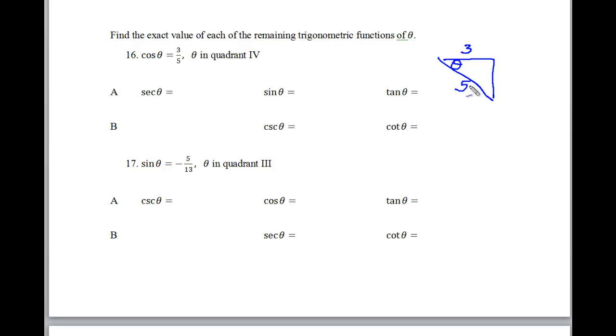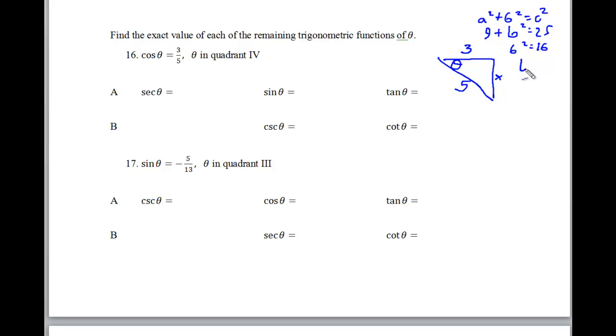We can use the Pythagorean theorem to figure out what our missing side is right here. Pythagorean theorem states a squared plus b squared equals c squared. And what we have here is we have our a and we have our c. So we have 3 squared, or 9, plus b squared equals c squared, or 25. Subtract the 9 from both sides. B squared is equal to 16.